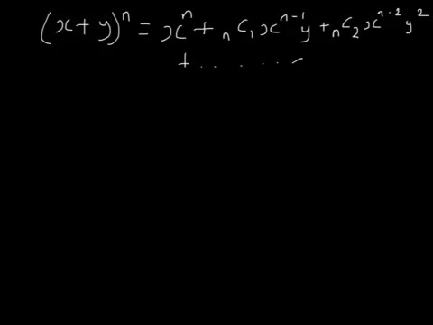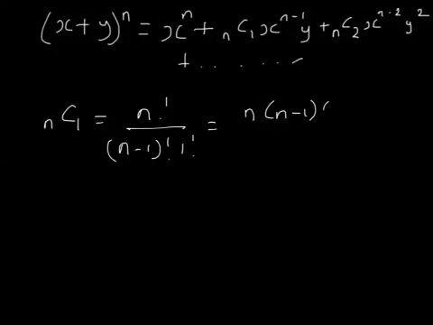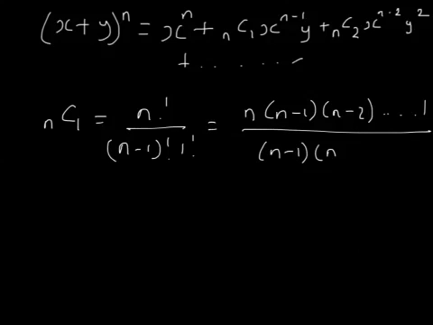So let's look at this formula again, and let's look at nC1. nC1 is n factorial over n minus 1 factorial, 1 factorial. Now n factorial over n minus 1 factorial simplifies quite dramatically, because n factorial is this, n minus 1 factorial is this.